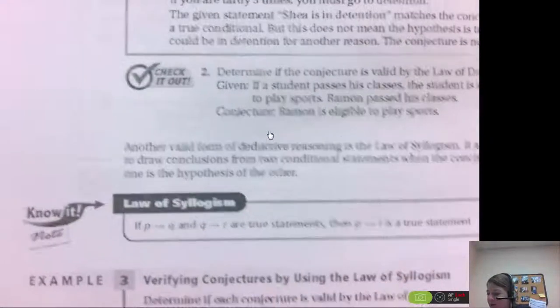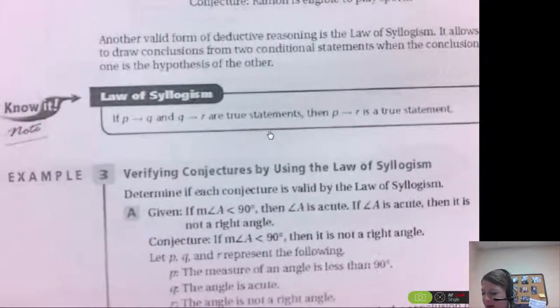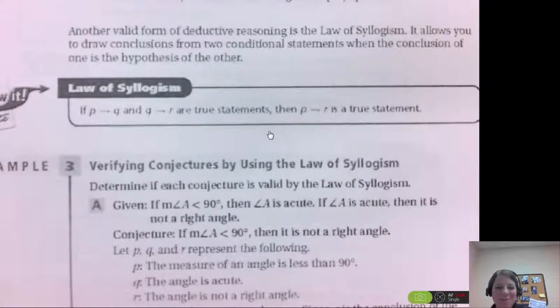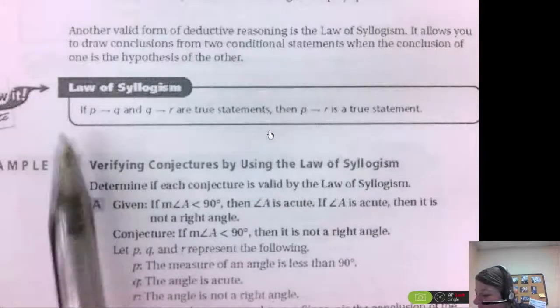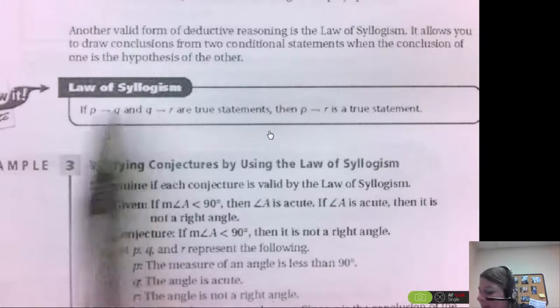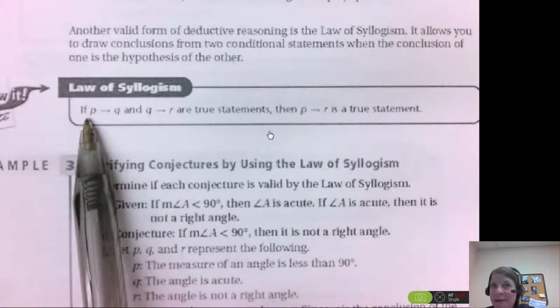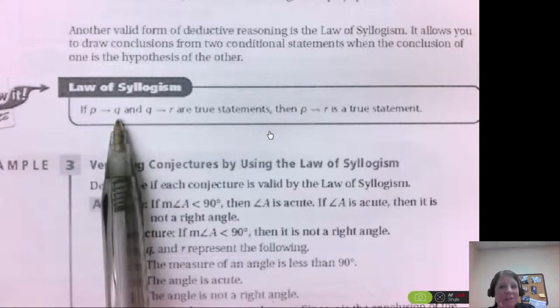Let's look at one other idea. The law of syllogism, I don't know how to say that. But anyway, the law tells us that if you have P implies Q, so P could be any kind of thing that you come up with. For example, if you're a penguin, then you live in the southern hemisphere, and Q is living in the southern hemisphere.